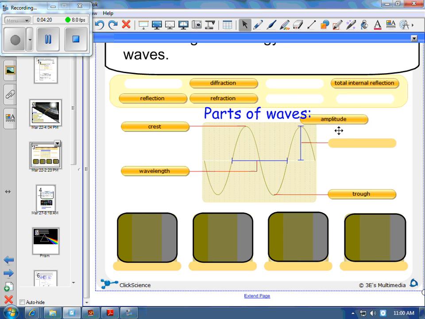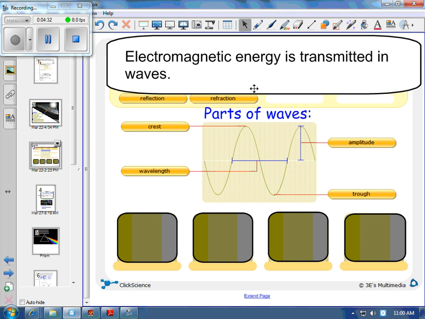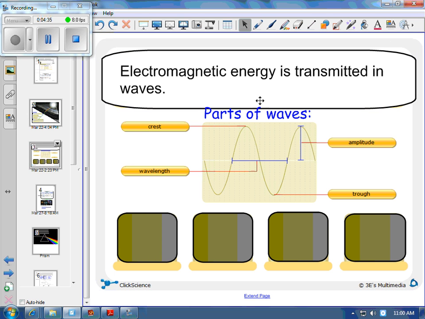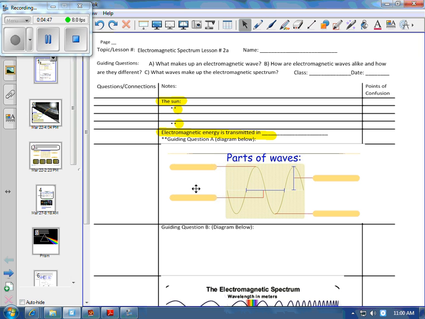And the amplitude is how tall the wave is. Okay, and that actually goes from the middle part up to the crest, and that is the amplitude. And I'm not going to worry about those other words for right now, so I'm going to cover that back up. I'll give you a moment to make sure you have that written in. Okay, so again, you should have this here.